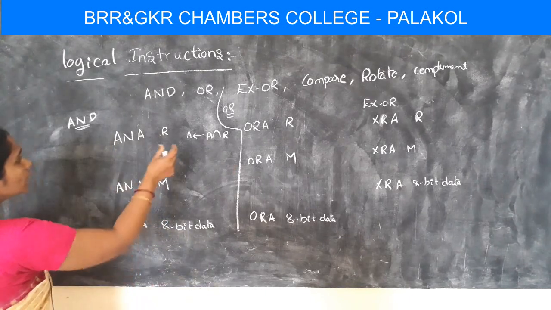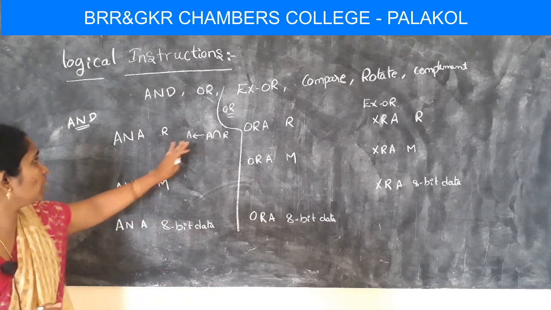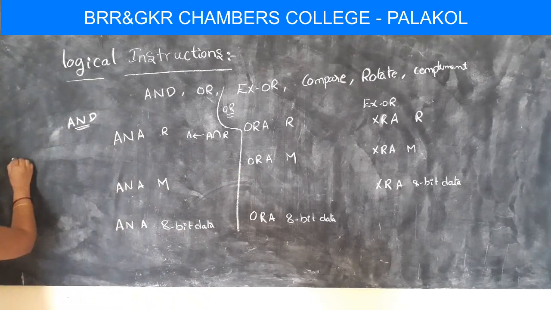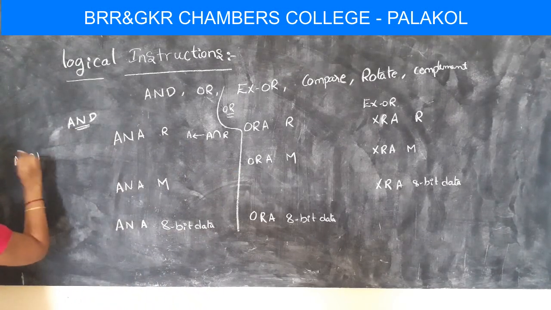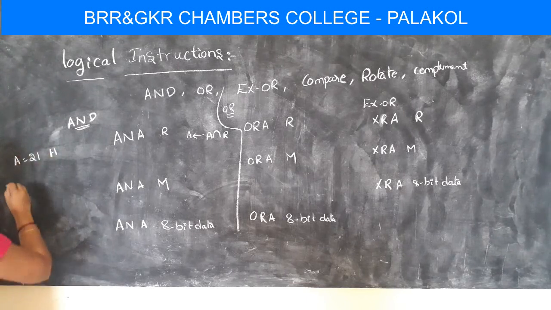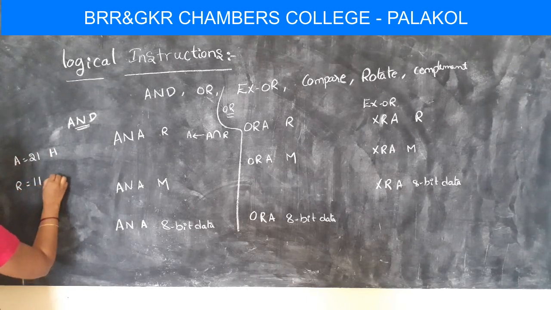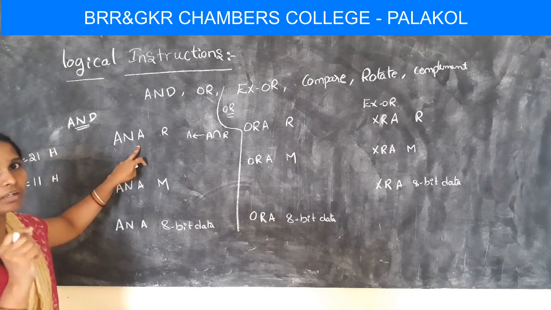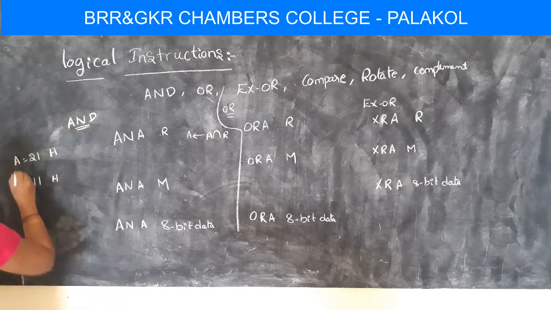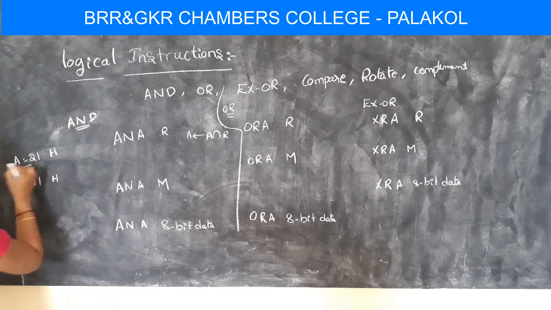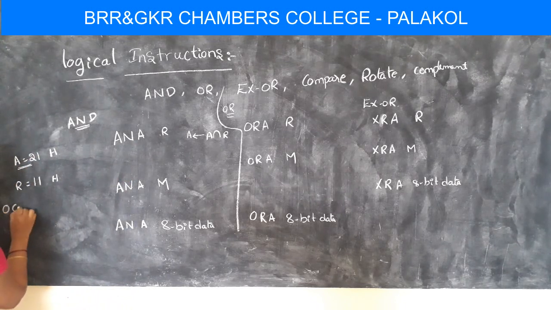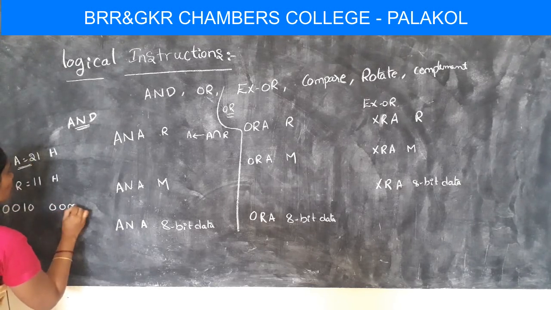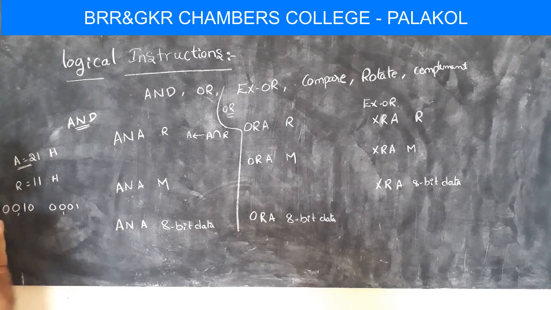Consider A is equal to 21 hexa and R is equal to 11 hexa. The AND operation is nothing but the product operation, so we will multiply these two registers. A is written as 0010, that is 2, and 0001, that is 1.